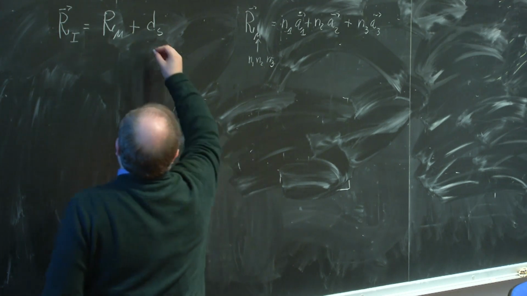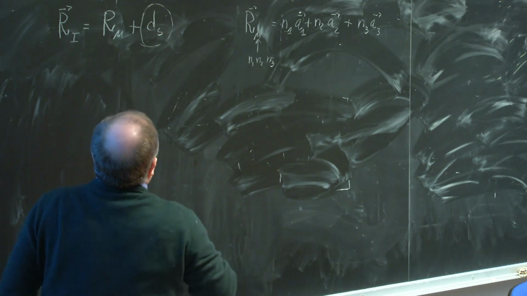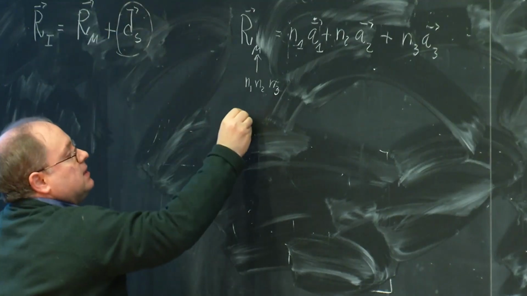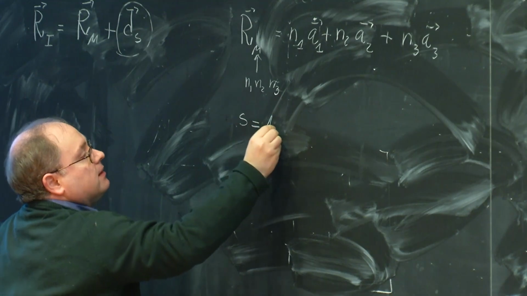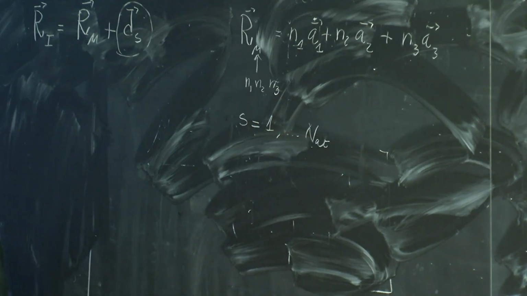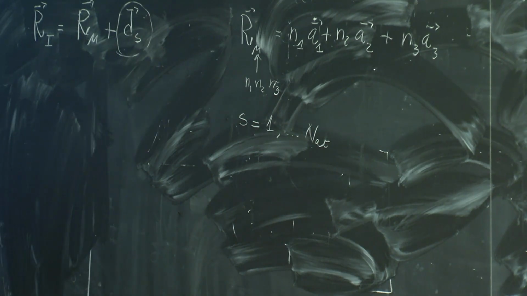In one unit cell, we assume that we have n atoms, and that this index s goes from 1 to the number of atoms in one unit cell.